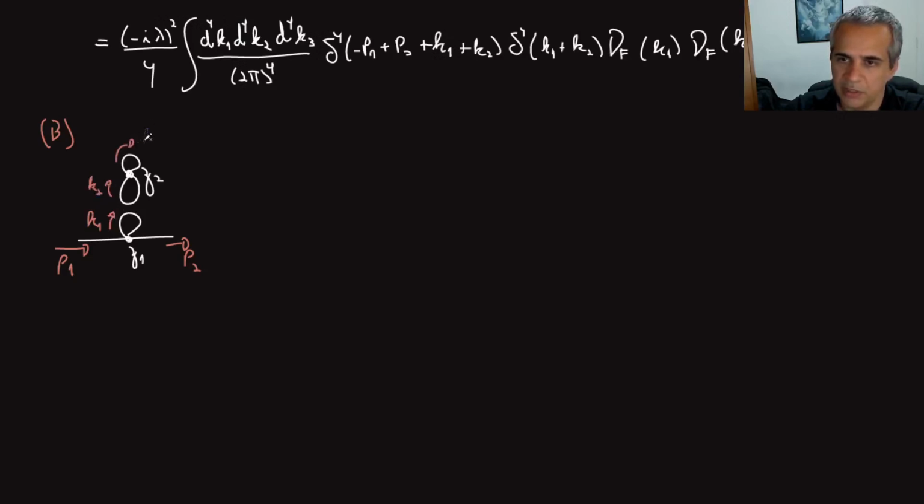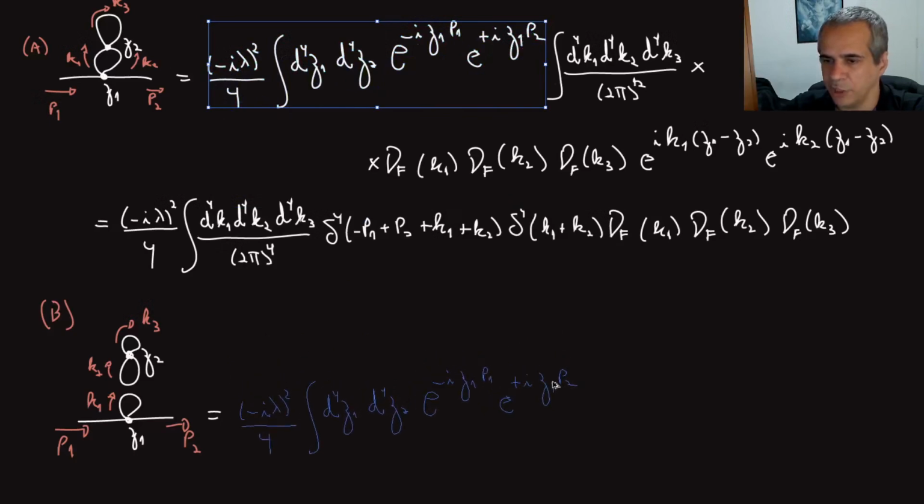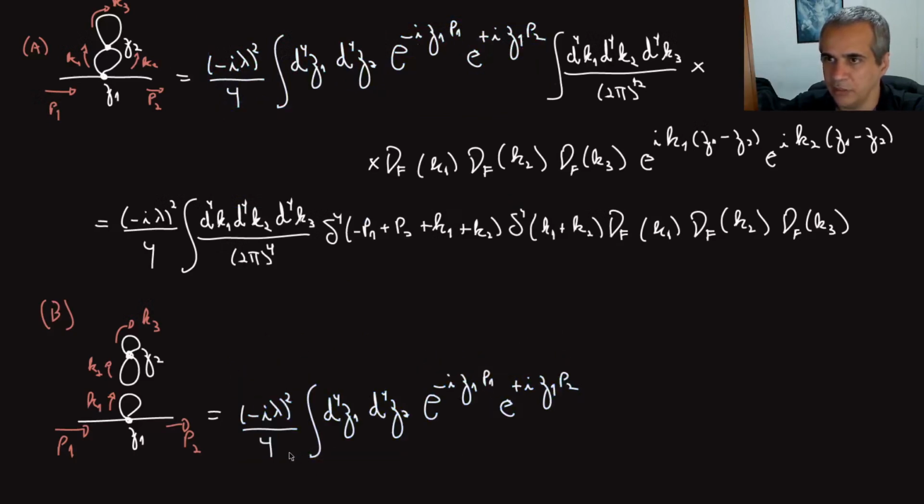This one will be K3. Same thing I did before. So let's start from the same point I did here. This is very similar. The only change is really the symmetry factor, that in this case is 16.